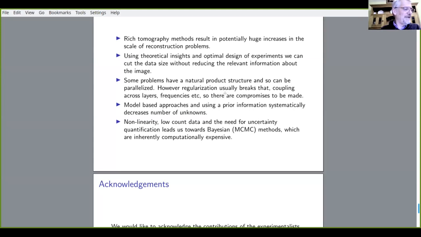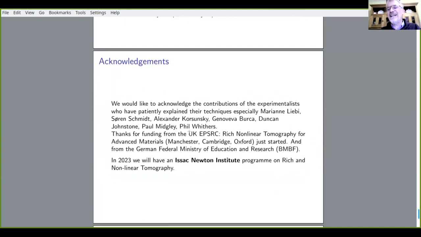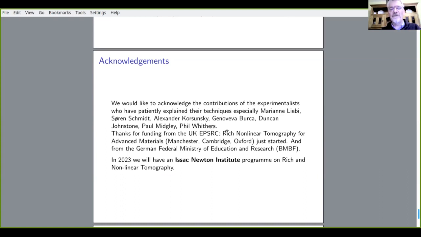So I'm coming to roughly a conclusion. We'd like to thank all our wonderful experimentalists who patiently explain how their experiments are meant to work, and we're slowly understanding what the underlying errors are. EPSRC has funded us for a very jolly rich tomography grant across Manchester, Cambridge and Oxford, which has just started.